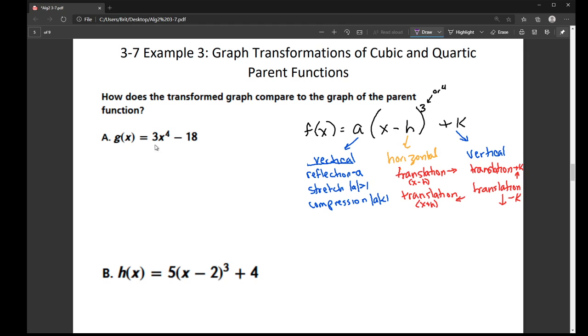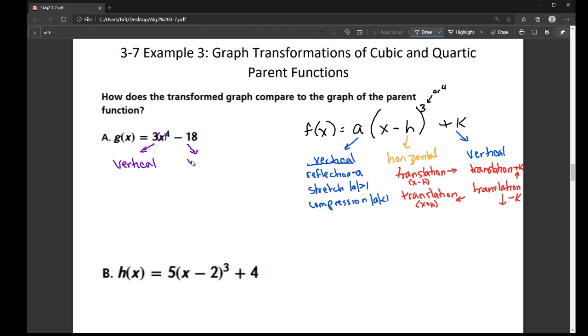So on letter A, we have 2 numbers impacting our situation. So first we have a 3 being multiplied, and it's being multiplied kind of outside of what I consider to be the grouping symbol. I like to put grouping symbols around whatever's being raised to the 4th power here. So this is going to be a vertical change, again because it's outside that grouping symbol.